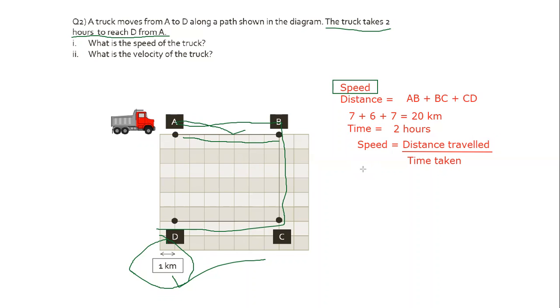Now what is distance? Distance is 20 kilometers. And what is time? Time is 2 hours. So that means speed is equal to 20 by 2, that is equal to 10 kilometers per hour. Okay, so what do we get as our final speed? Our final speed is 10 kilometers per hour.